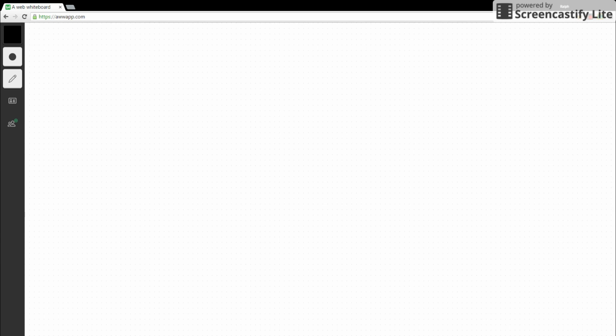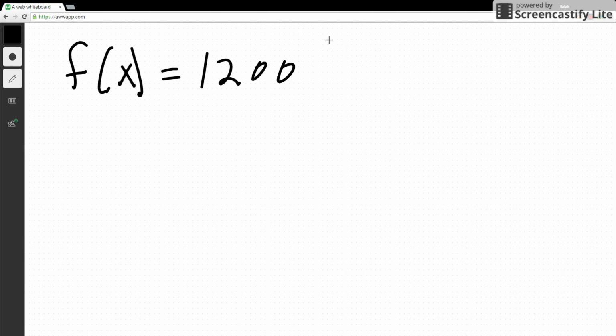All right, looking at continuing the review for Unit 5 in Math 1. We're looking at exponential stuff here. A population of endangered fish decreases exponentially and can be represented by the function f of x equals 1,200 times 0.93 to the x.